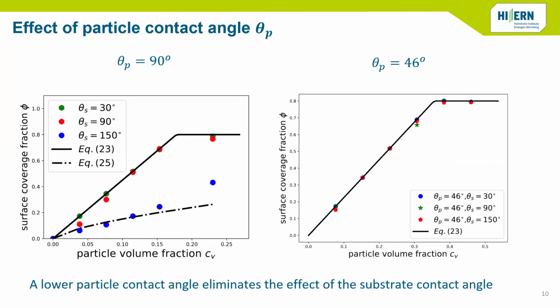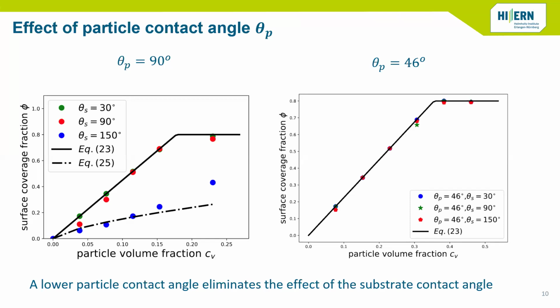Now in this case, in the right plot, you see the surface coverage fraction is not dependent on the substrate contact angle anymore. So we see that a lower particle contact angle eliminates the effect of substrate contact angle. This also shows us that even if the substrate has a very high contact angle, we can still get a homogeneous deposit after drying.